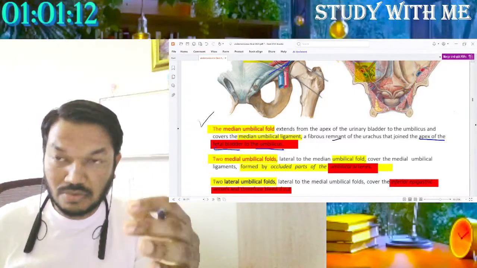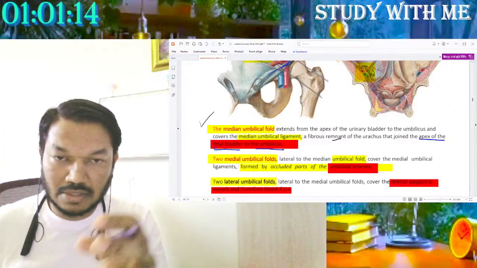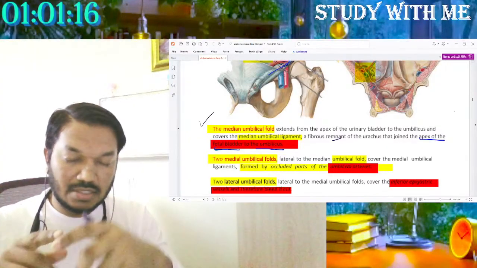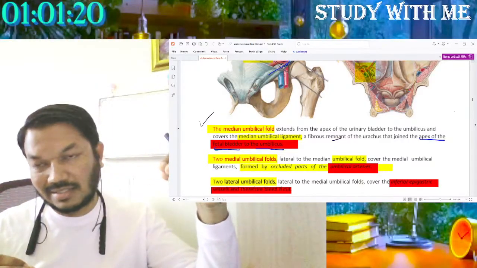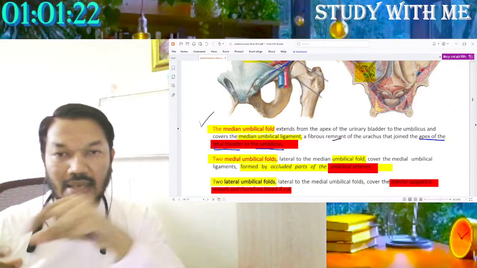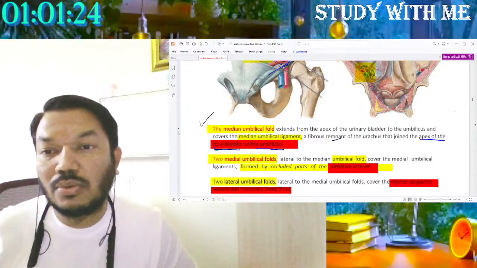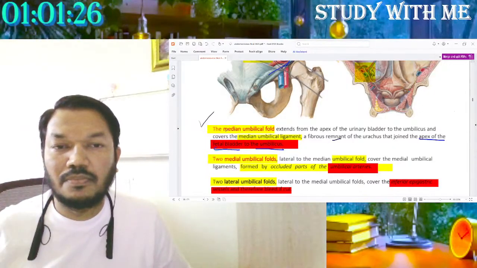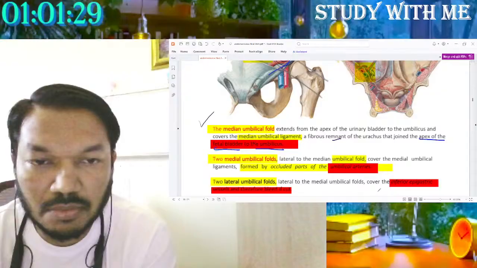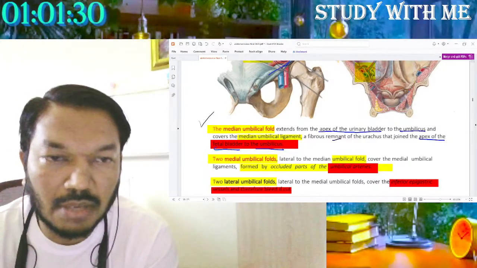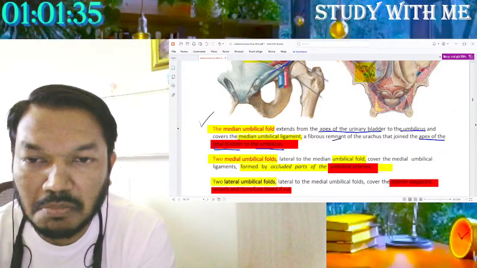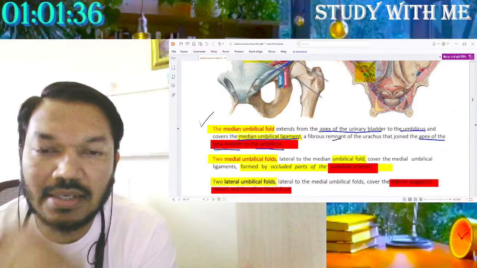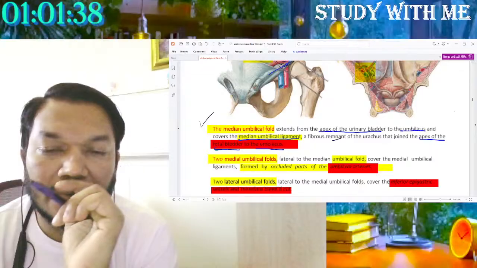In intrauterine life, when the child is inside the mother's womb, the child's urinary bladder apex will be connected with the umbilicus, and it is covered by a fold that is called median umbilical fold, which extends from the apex of the urinary bladder to the umbilicus and covers. There will be some ligament, median umbilical ligament. Okay.